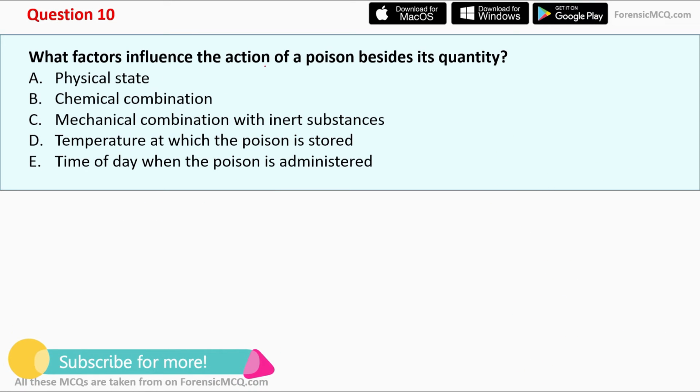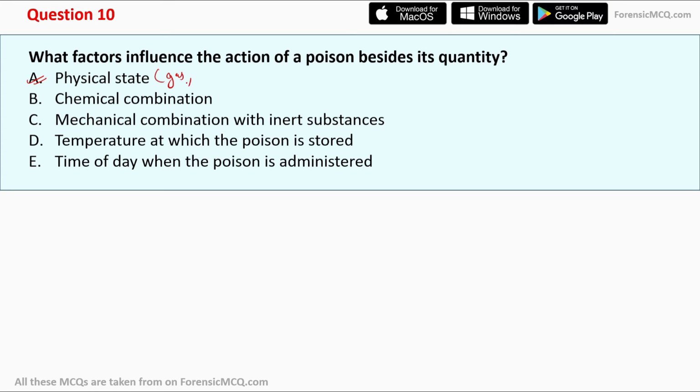What factors influence the action of poison besides its quantity? So we have a chemical or substance in which the quantity is the same. If we keep the quantity fixed, what are the other factors that can cause poison to act fast or slow? The first option is the physical state, and this is true, as I already told you in the earlier slides, that gas has the highest rate of action.